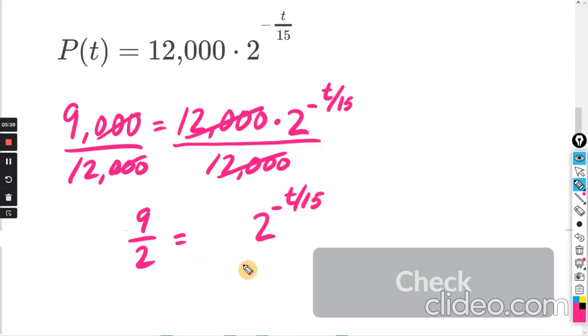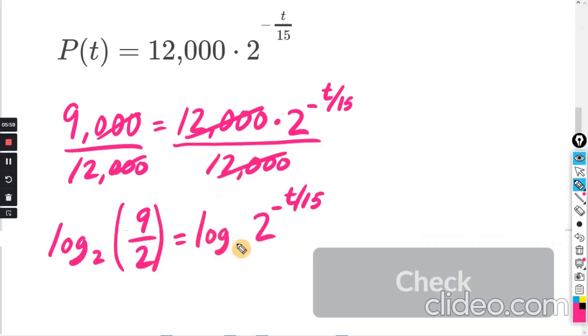Okay, now since this is base 2, I'm going to take log base 2 of both sides. So I'm going to do log base 2 of 9/12, and I'm going to do log base 2 of the 2 to the negative t over 15.